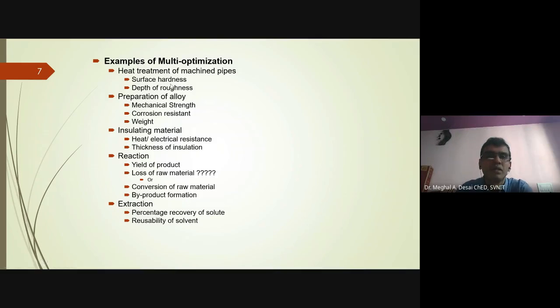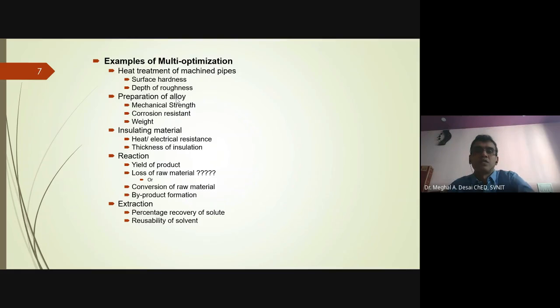Similarly, if you are preparing an alloy, we prepare the alloy to have multiple objectives: it should be light in weight, it should have enough mechanical strength, it should be corrosion resistant. That is the reason why we exhaustively use stainless steel, not iron. Though iron has good strength, the issue is weight, and corrosion resistance is poor, so we go for stainless steel.